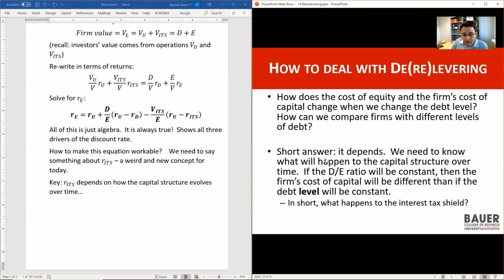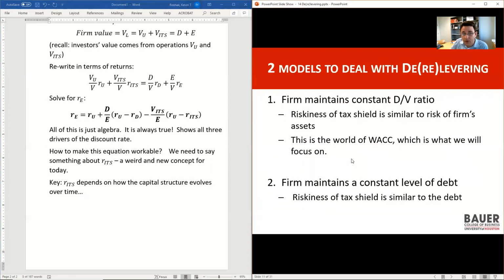It's going to depend, again, on how the capital structure evolves over time. Okay, so how does the discount rate on the equity change when we change its capital structure? Again, it depends on RITS, and RITS depends on what's going on to the capital structure over time. So we're going to think about two different models.